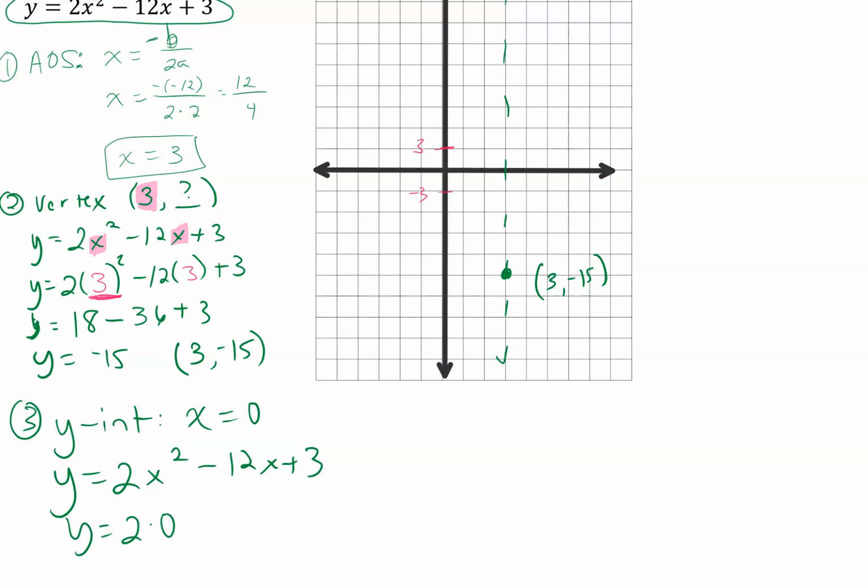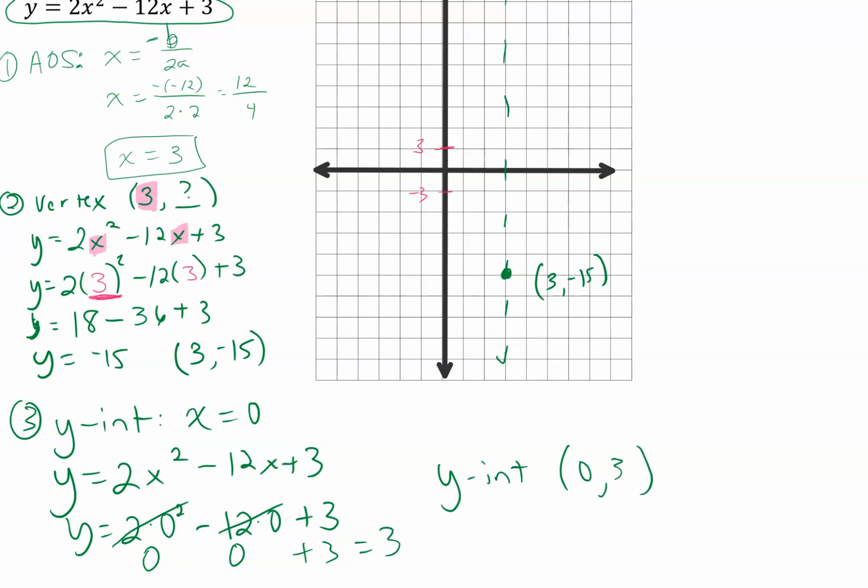So it's going to be 2 times 0 squared minus 12 times 0 plus 3. So 0 squared is 0 times 2 is 0. So this is 0 minus 12 times 0 is another 0 plus 3 equals 3. So our y-intercept is at 0, 3.